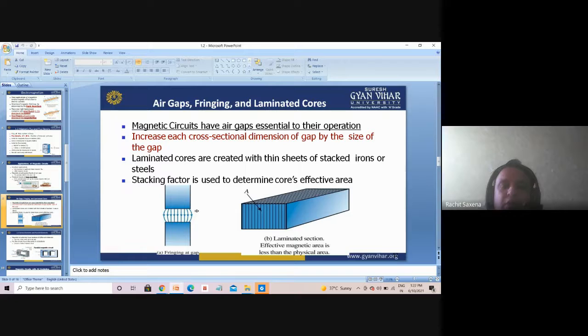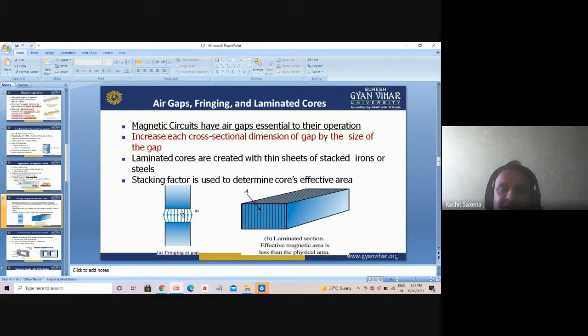Now, what are air gap, fringing and laminated cores? Fringing is there. In this, two parts are there: this is the north pole and this is the south pole, and we can say it is mutual coupling. But in the end we have this curl system, and that is the fringing.